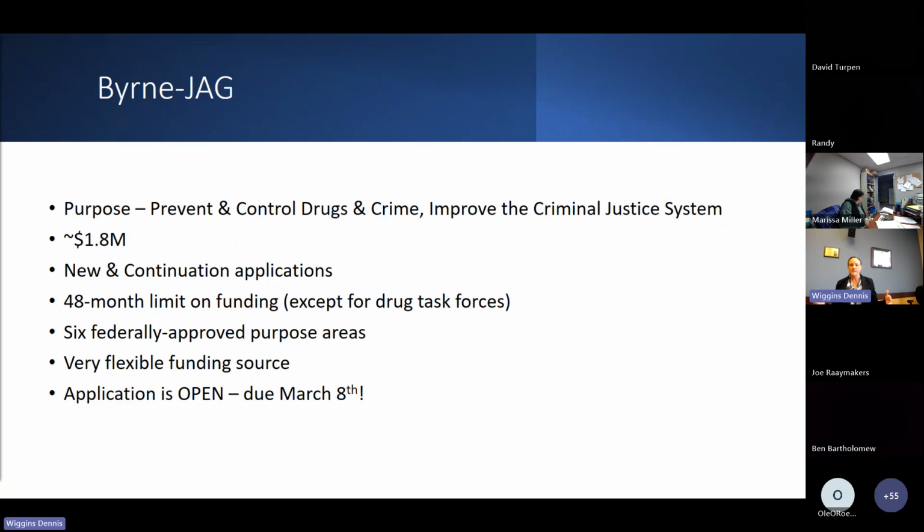There are 6 federally approved purpose areas: law enforcement, prosecution, courts, prevention and education, corrections and community corrections, drug treatment, and planning, evaluation, and technology improvement programs. Like I said, it's very broad and flexible. We encourage innovative new ideas, like Dennis said earlier, with sound criminal justice principles, right?